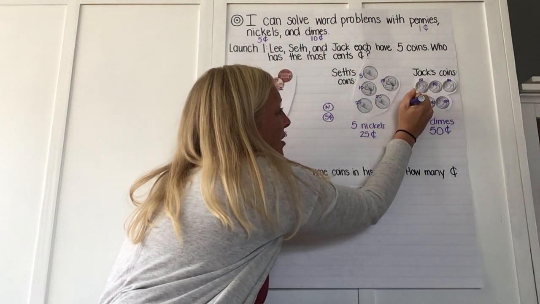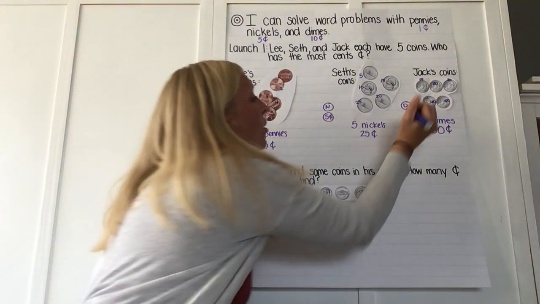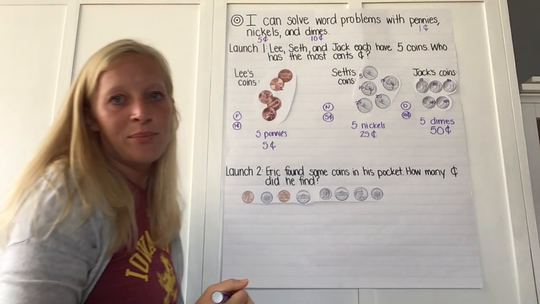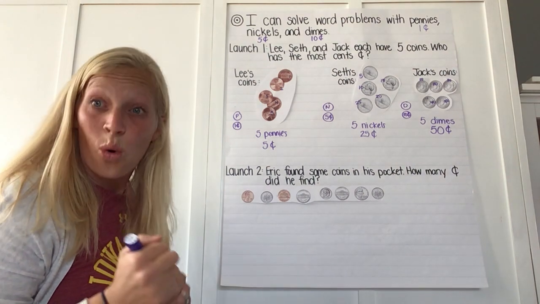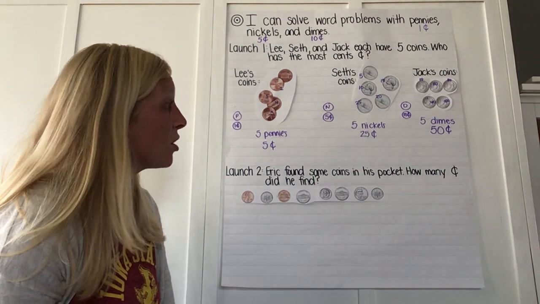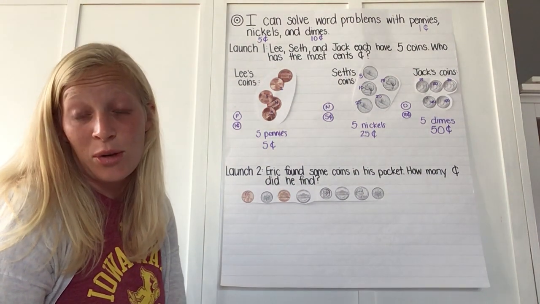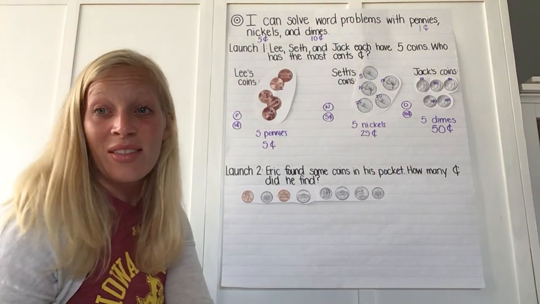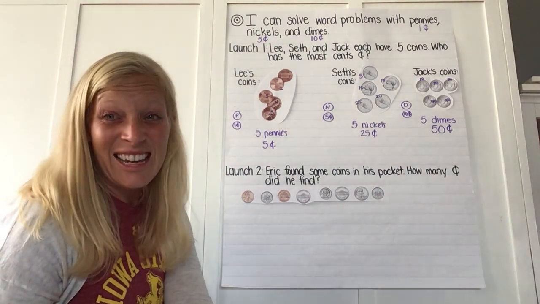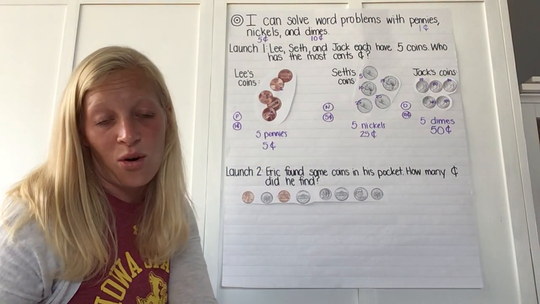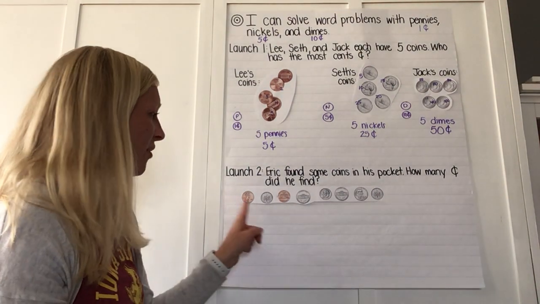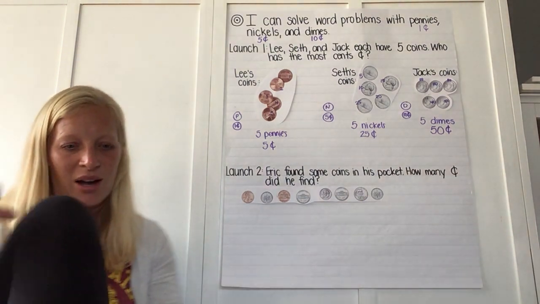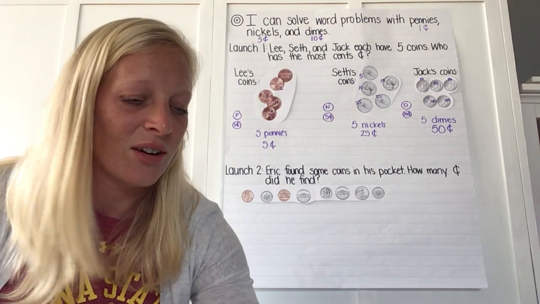Circle with a D on the inside, or a circle with a 10 and a cent sign in it. Okay, so if you're having to record your coins, you can record them like that. You don't need to draw the beautiful pictures that you might see on those coins. You can just draw either the P, the N, or the D on the inside, or the worth of that coin. Show me how you might figure out how much money Eric found in his pocket. Go ahead and start solving.